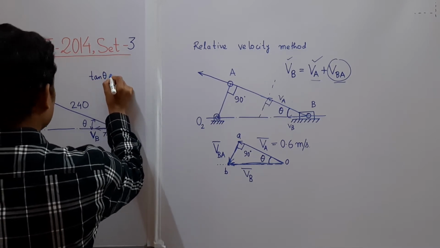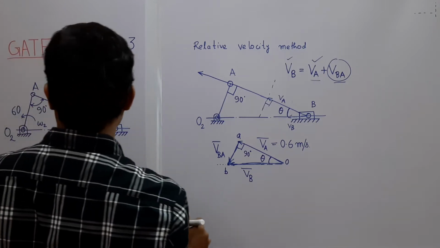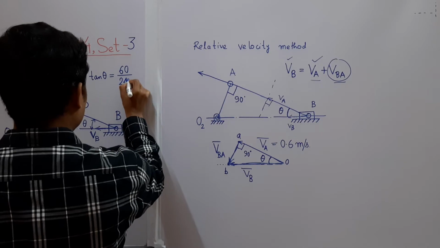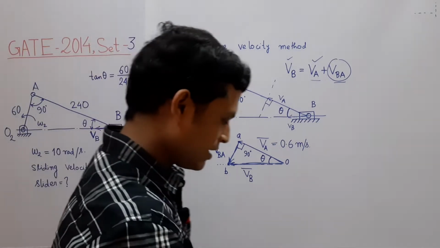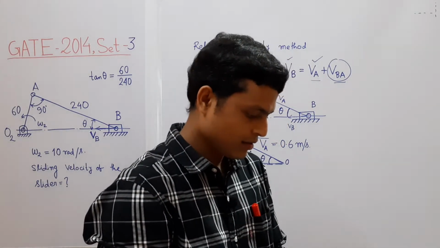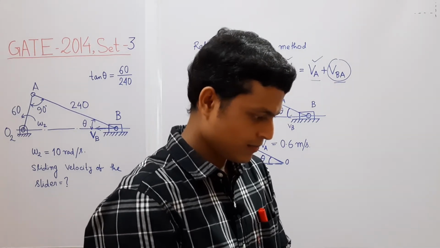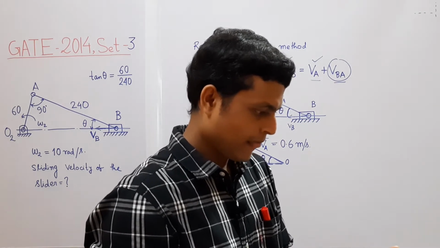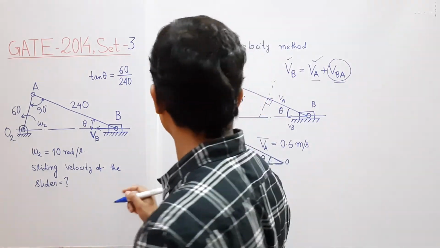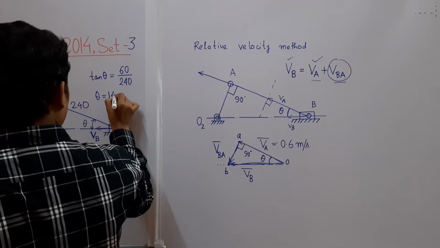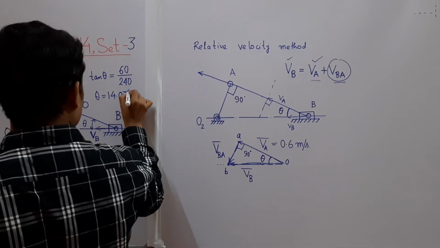Tan of theta is 60 by 240. So tan of theta is 60 by 240. So theta becomes 14.03 degree.